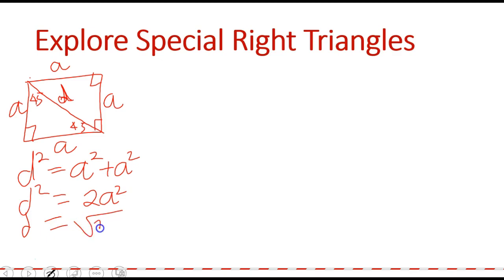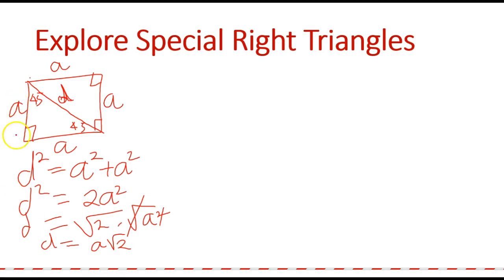So we take the square root to find D. We take the square root of 2 times the square root of A squared. The square root and the square cancel out, so we just have A. So D is A square root of 2. So you see that?